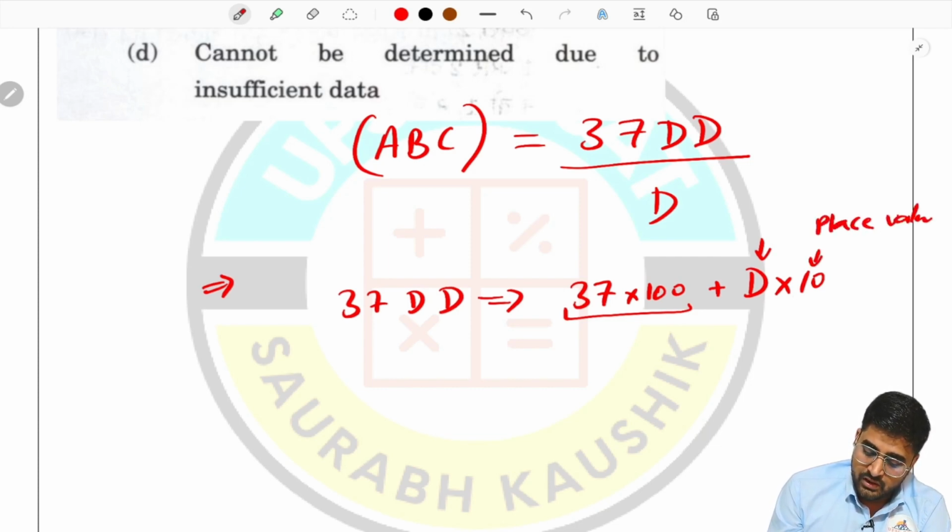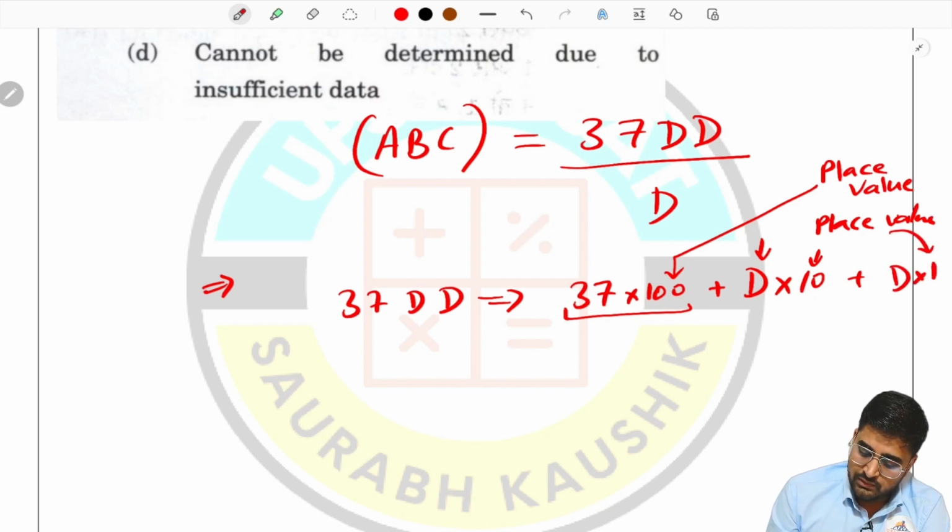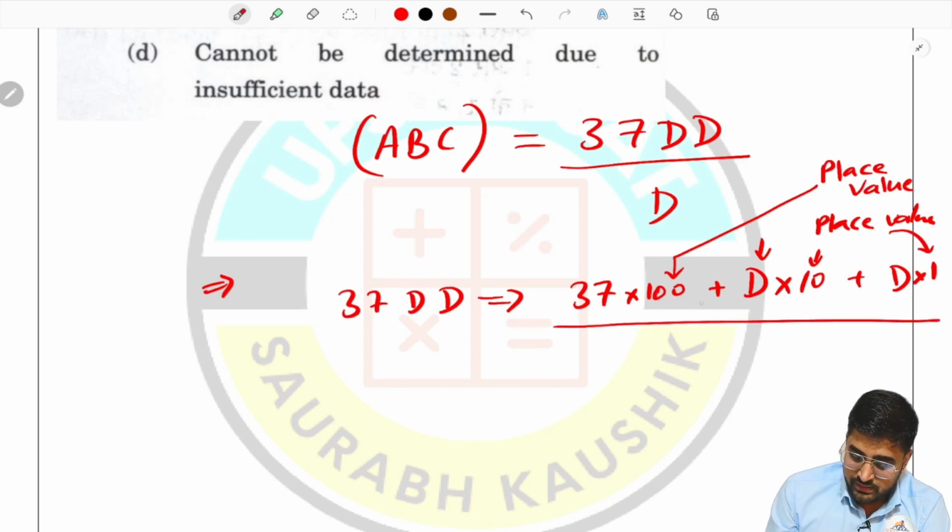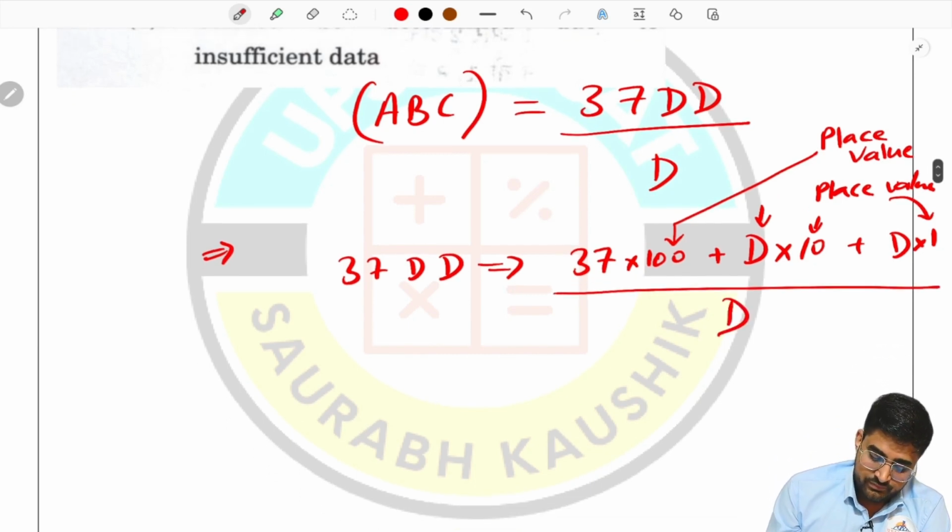We have discussed this in the place value concept. And again D into 1, 1 is also a place value. And that must be divided by D.